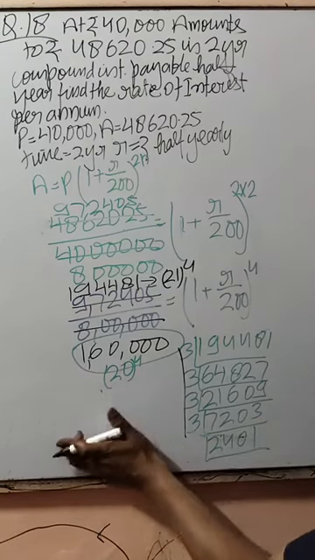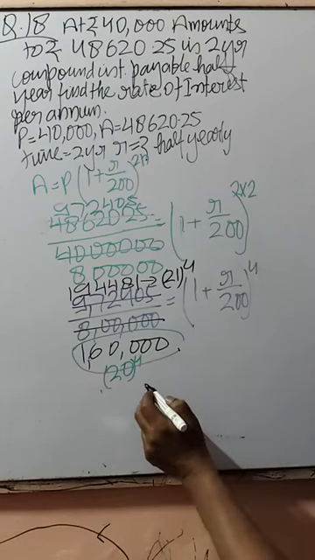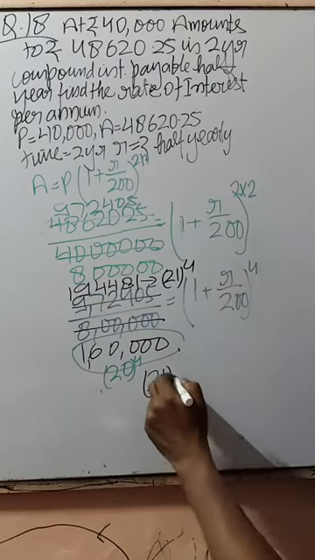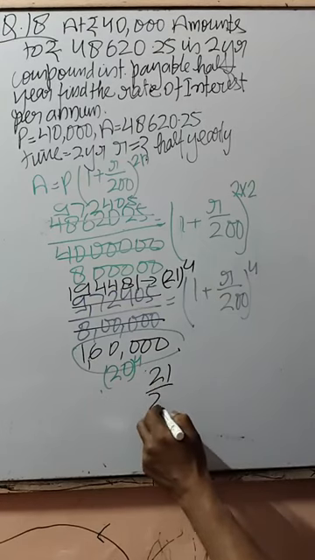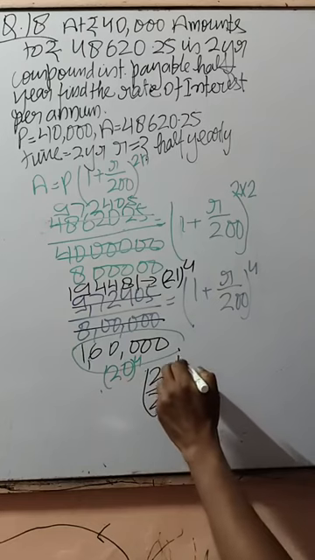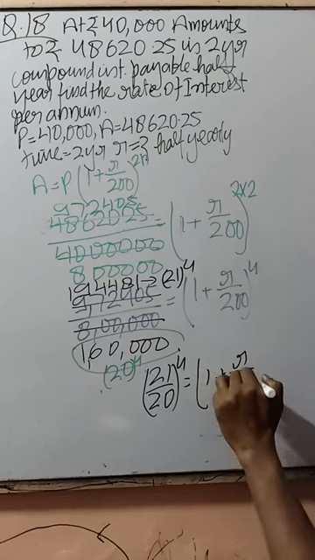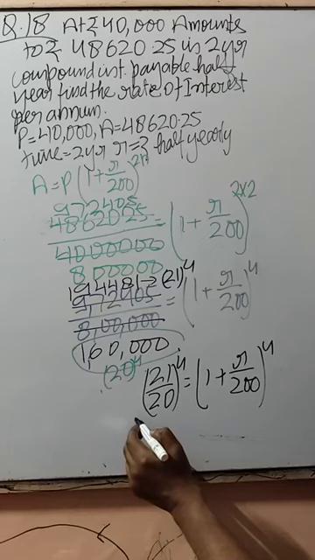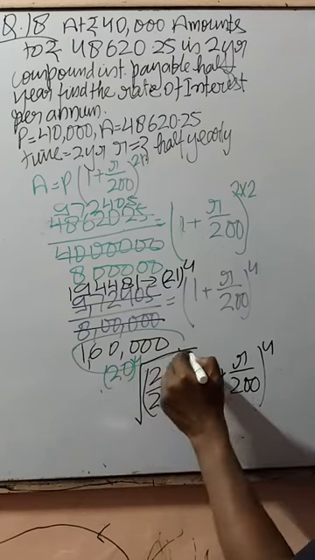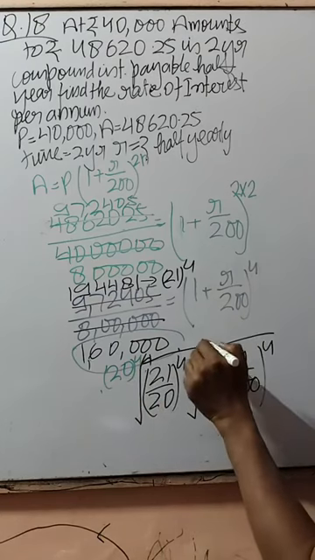So what we can do here now, we can write here 21 upon 20 raised to the power 4 is equal to 1 plus r upon 200 raised to the power 4. Taking both sides root 4.